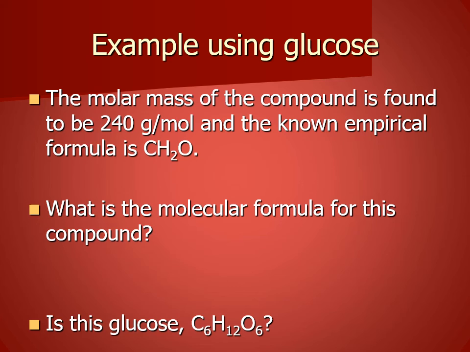The question is, what is the molecular formula for this compound? And the sub-question, if you will, is this glucose, C6H12O6? All right, well, I have the big mass. I have to find the empirical mass, so I'll add that all up. I have to do some division, so let's go to the next slide.